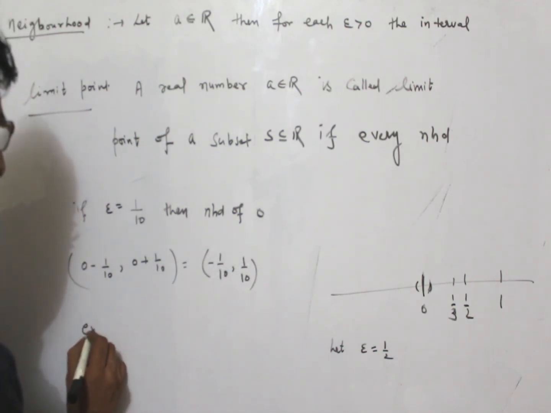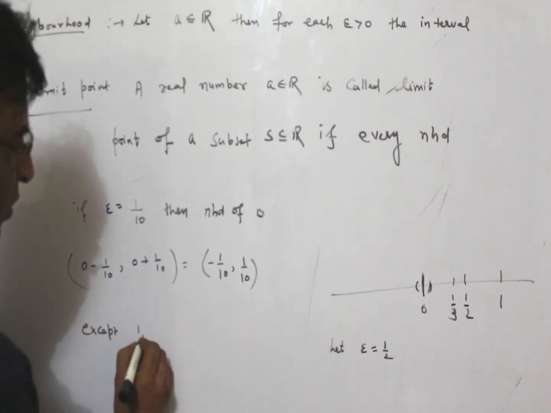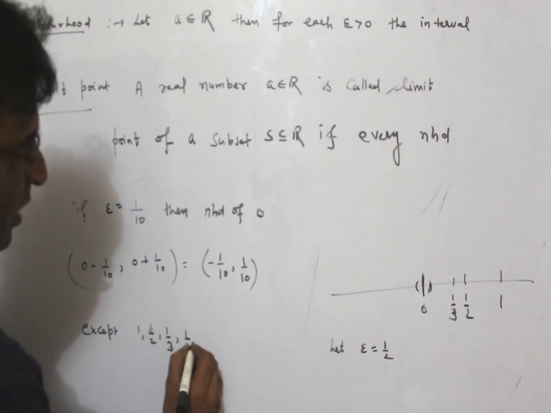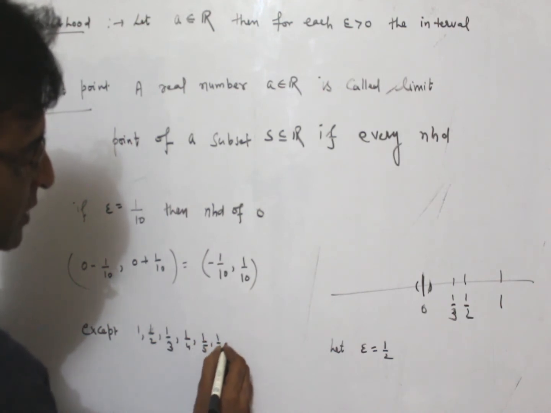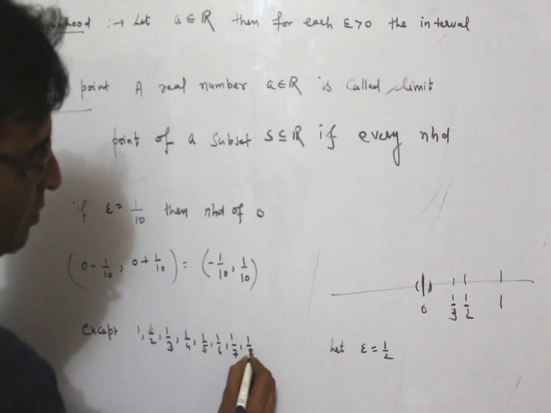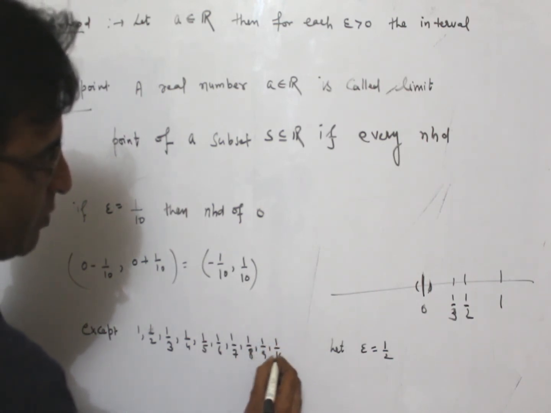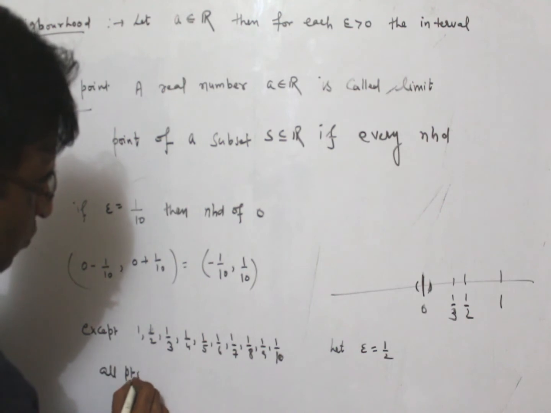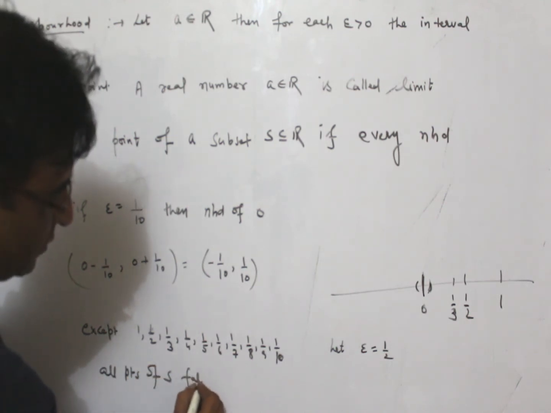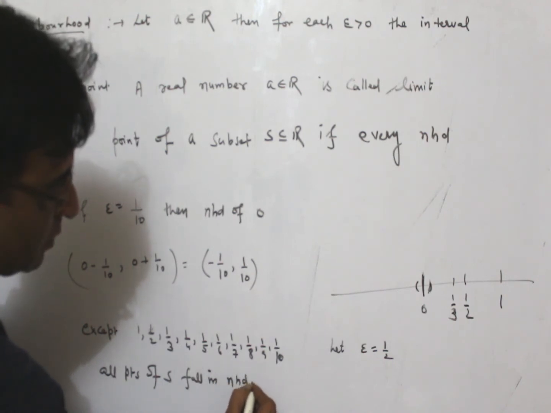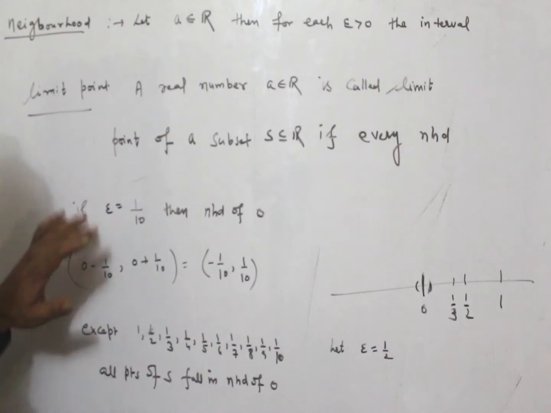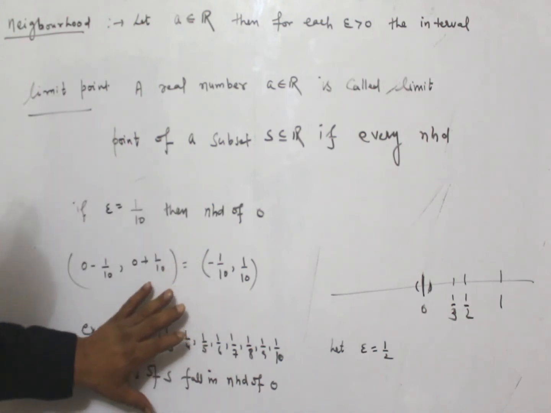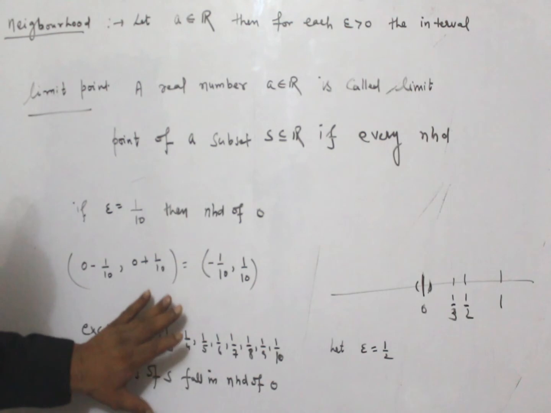Now except 1, 1 by 2, 1 by 3, 1 by 4, up to 1 by 10, all points of S fall in the neighborhood of 0.